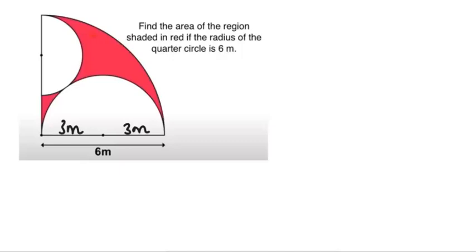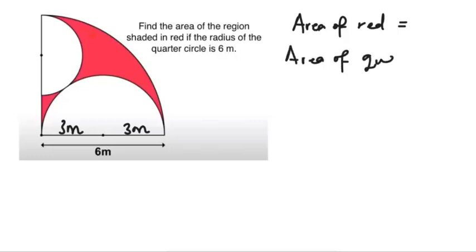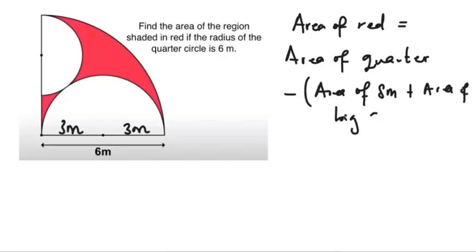Now, we need the radius of the small semicircle because the area of the red shaded region is going to be equal to the area of the quarter circle minus the sum of areas of the small and of the big semicircle.